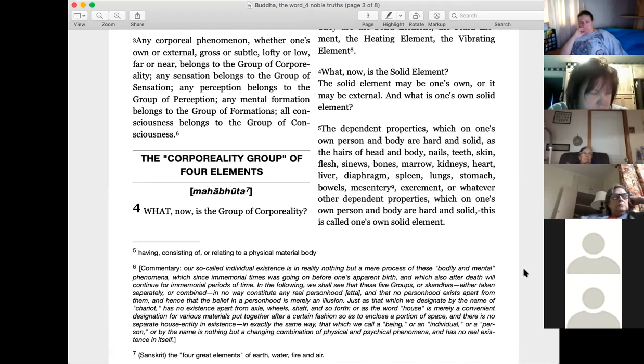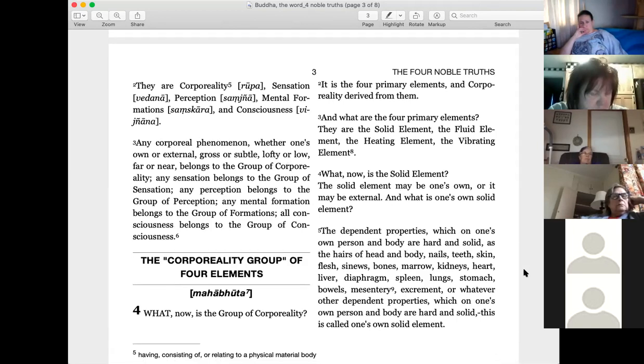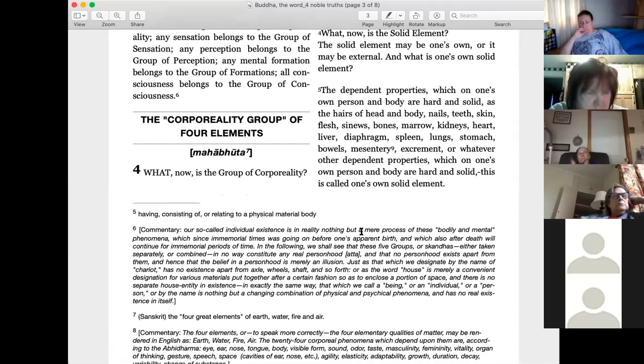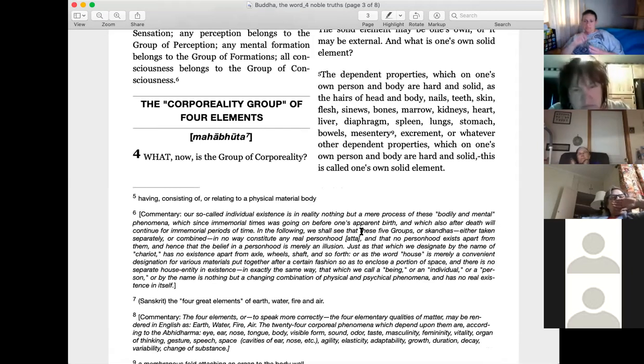I guess I should explain the grouping, because this goes a little bit more into why the Buddha made this teaching distinguished from what was the predominant belief at the time.